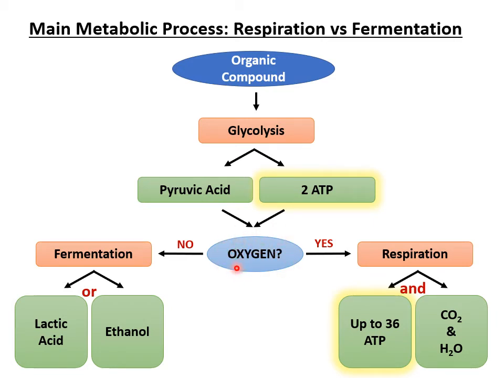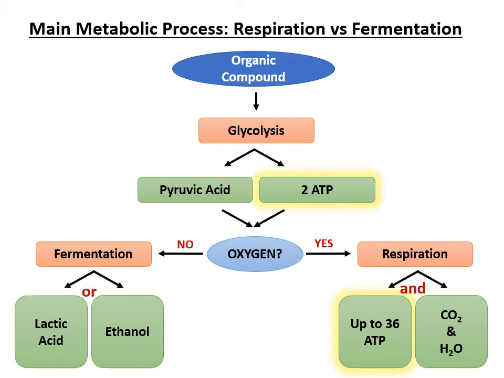If there's no oxygen present, then the organism cannot undergo respiration and instead has to undergo fermentation. And what it does in fermentation is break down the products of glycolysis into lactic acid or ethanol. That's why you hear if there's too much fermentation, your muscles are building up too much lactic acid. That's not good, right? You get fatigued with that.